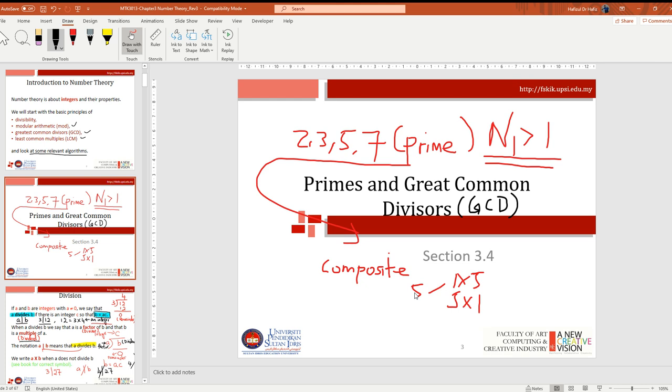Okay, for the prime numbers, a prime is a number that has only two factors. The first one is that you can divide by themselves. For example, the first five prime numbers are 2, 3, 5, 7, and 11.